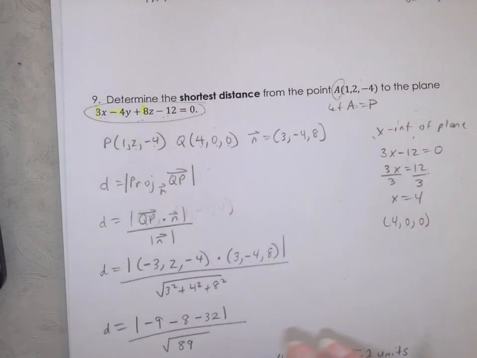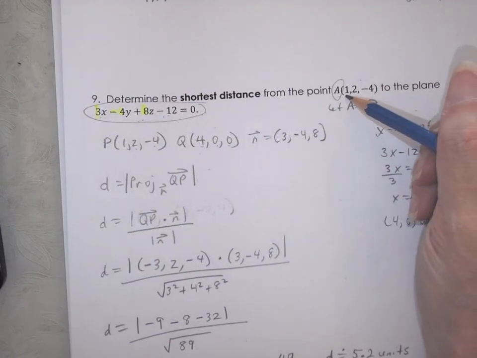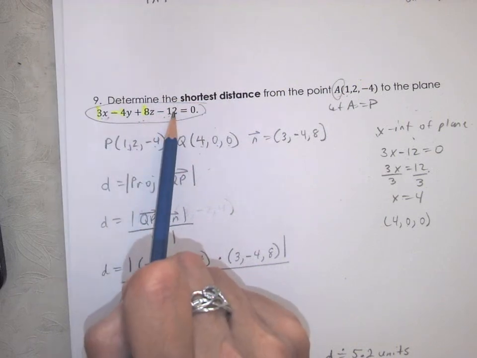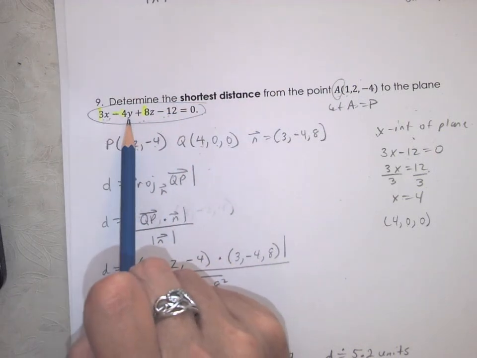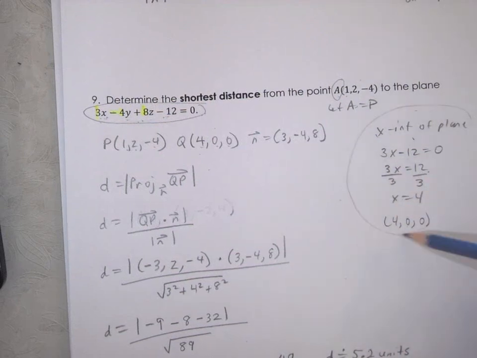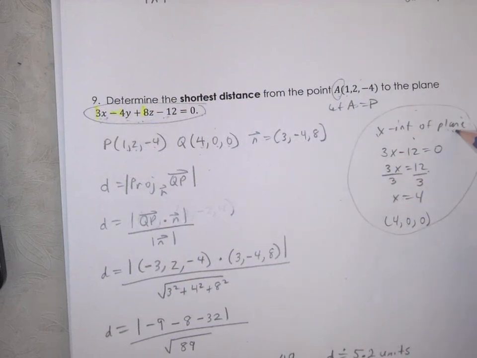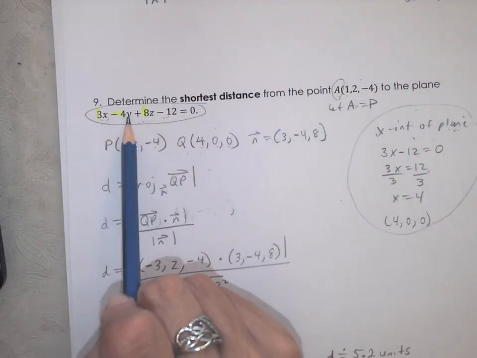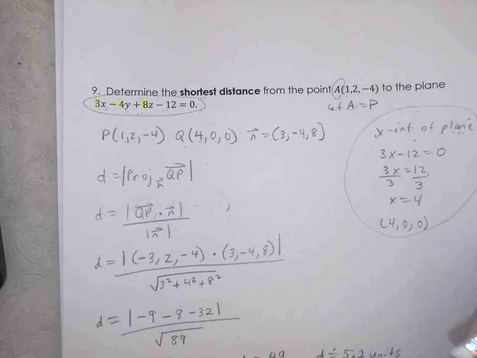So again, how did we do that? We had our point that we're finding the distance from. We found the x-intercept because it was easy to find. Sometimes it won't be, and the y or the z-intercept will be easier to find. So we did that to find our point we know on the plane, we call Q. The normal to the plane is the A, B, and C coefficients of the scalar equation.